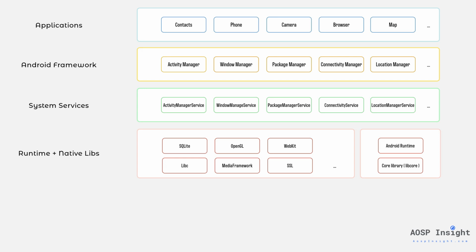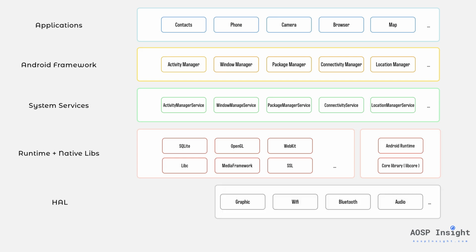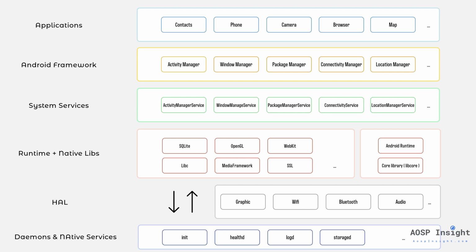The next layer is the HAL layer, where I have put some examples like audio, Bluetooth, Wi-Fi, and graphic. But again, we need to know that the native libraries might communicate directly with the kernel functionalities, and it might not happen through the HAL layer. This abstract diagram is showing that the abstract layers might not exactly work as the first diagram that I showed.